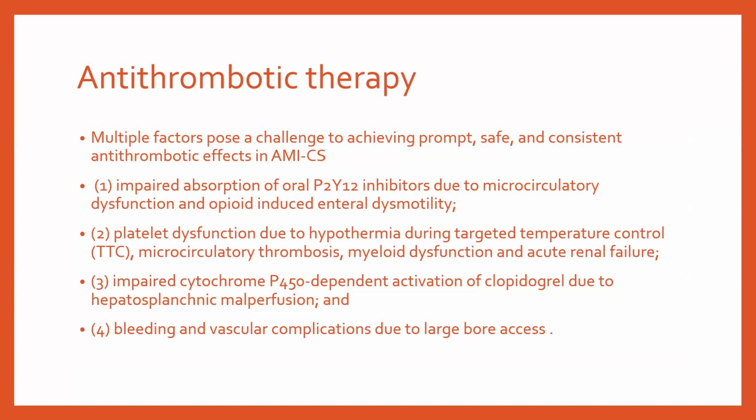So multiple factors pose a challenge to achieving a prompt, safe and consistent antithrombotic effect in acute myocardial infarction with cardiogenic shock. It is because of the impaired absorption of oral P2Y12 inhibitors due to microcirculatory dysfunction and opioid-induced enteral dysmotility, platelet dysfunction due to hypothermia during targeted temperature control, microcirculatory thrombosis, myeloid dysfunction, and acute renal failure.